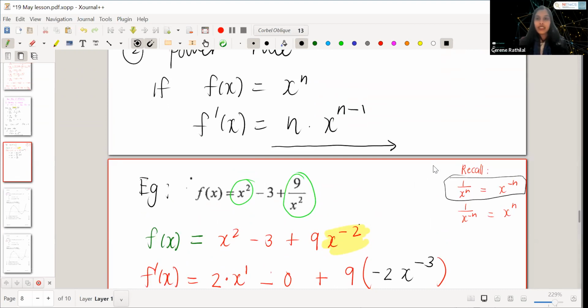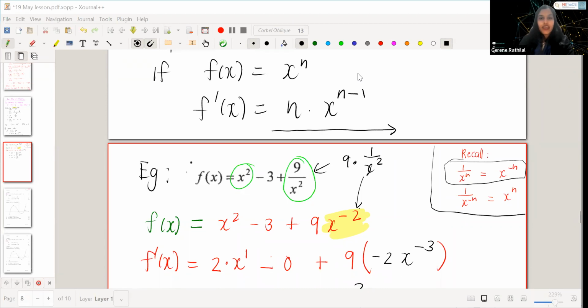So utilizing these tricks that I had written down on the side, we had rewritten. So this here is just 9 times 1 over x squared. I hope you see that. And using this rule, I had 1 over x squared. I see that it can be written as x raised to the power minus 2. And so that is why we get 9 times x raised to the power minus 2. Natanya, is that helpful?